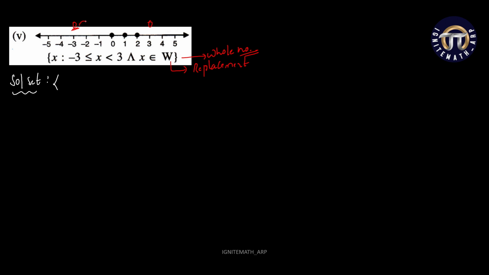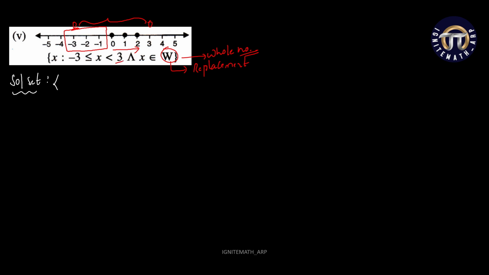Now I need to choose the numbers between these two, the upper limit and lower limit, such that the number should belong to the set of whole numbers, and it should be greater than minus 3 and lesser than 3. First of all, you need to understand that whole numbers start only from 0 onwards. So I need not concentrate on this part of the number line.